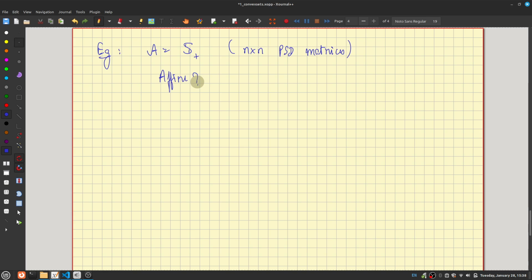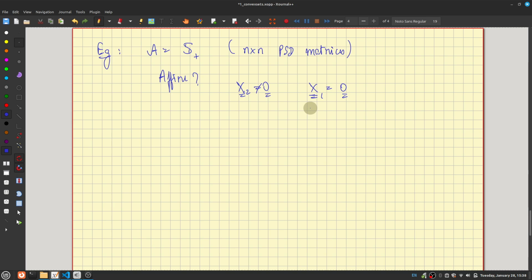Yes, can you give me an example? So let's take any non-zero PSD matrix. Okay, let's call that X2. And let me take X1 to be equal to the zero matrix, the all zeros matrix.